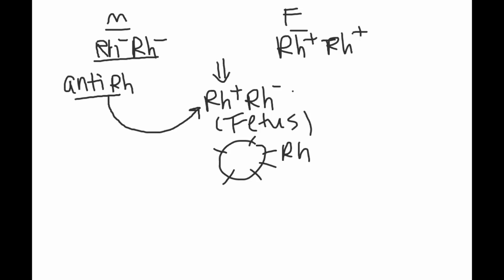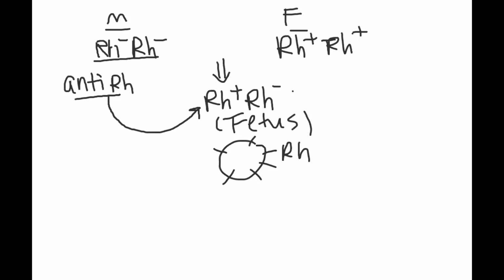To avoid this, we can give artificial anti-Rh antibodies to the mother, a huge dose or doses of anti-Rh antibodies to the maternal blood. These antibodies are man-made, they're really big, they cannot cross the placenta.